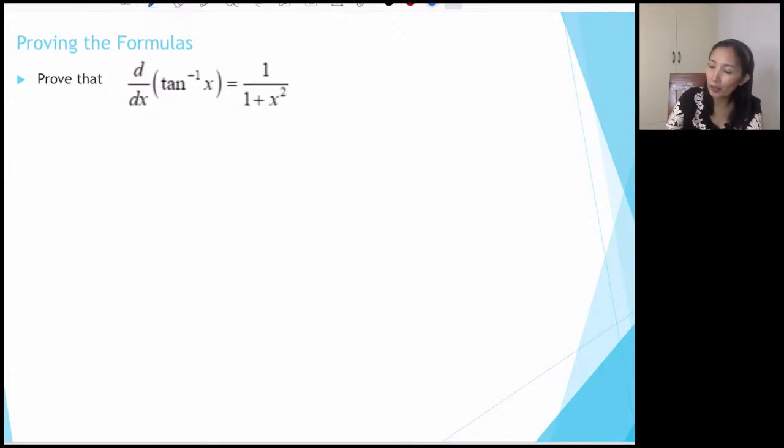For arctangent of x, its derivative is 1 over 1 plus x squared. Now, let's show the proof.